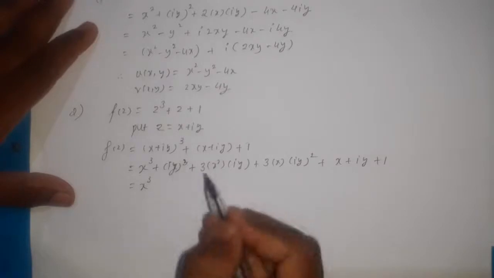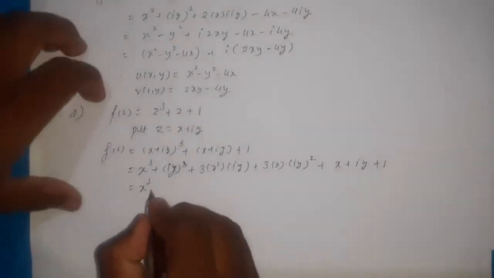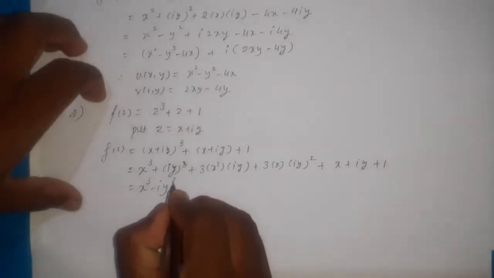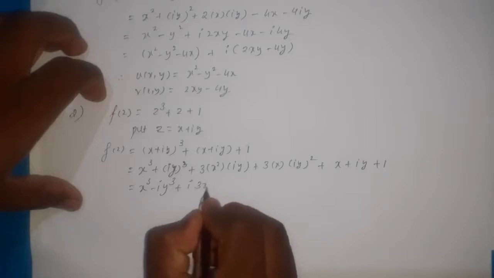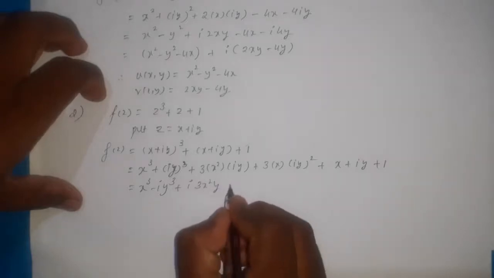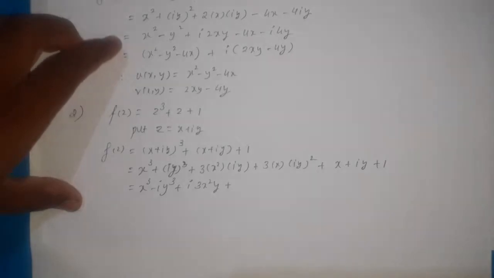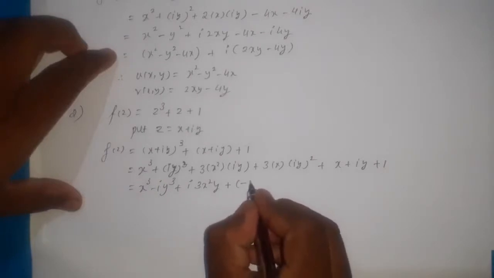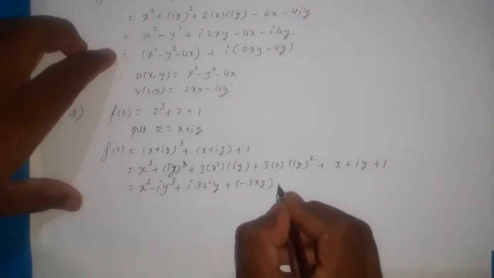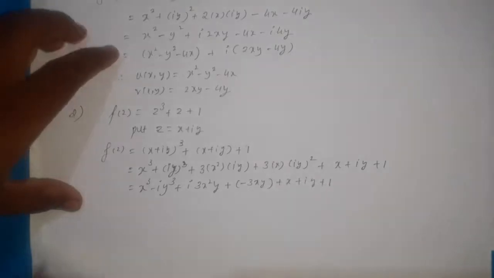Now we know the value of i cube: i cube is equal to minus i, so that gives minus i y cube, plus i into 3x square y, plus, here i square is there, so that becomes minus 1. So this becomes minus 3xy square plus x plus iy plus 1.